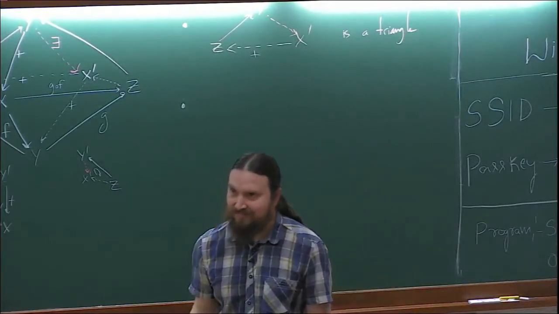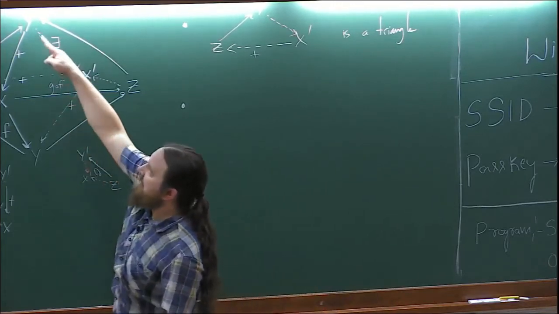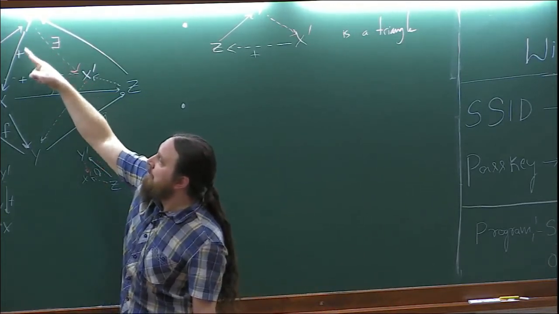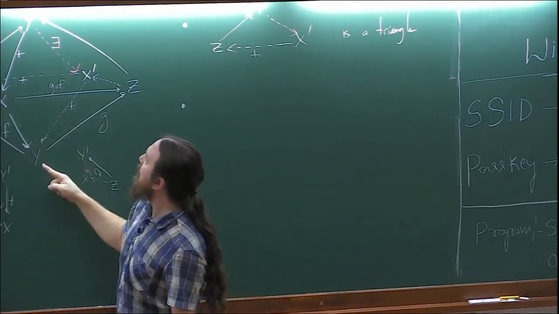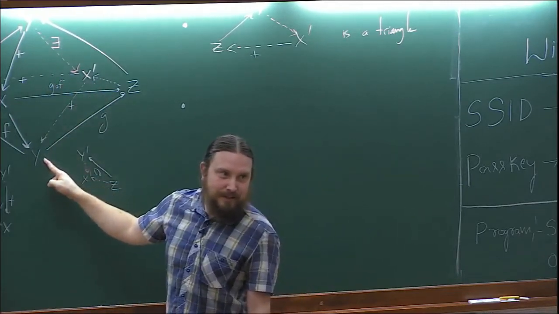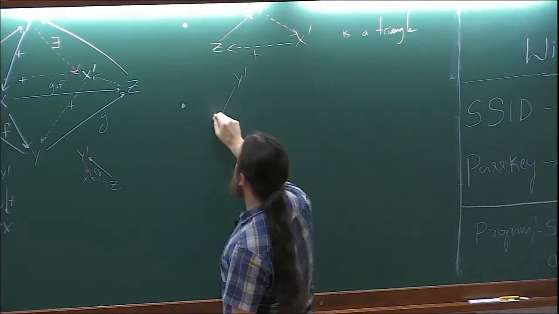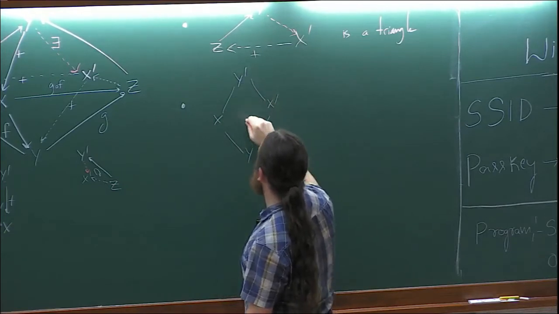And finally, see that there are two ways to go from top to bottom, yes? You could either follow this path, or you could follow the path at the back of the octahedron. These two are equal. So this commutes.